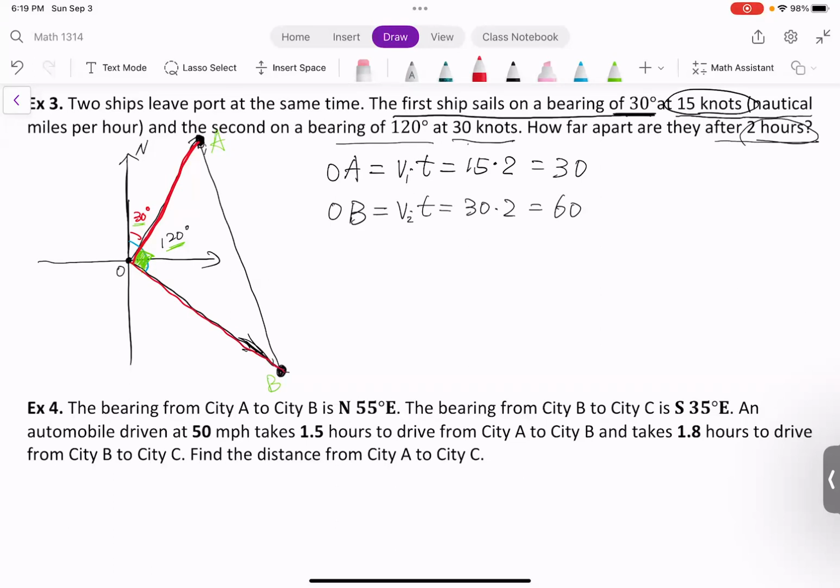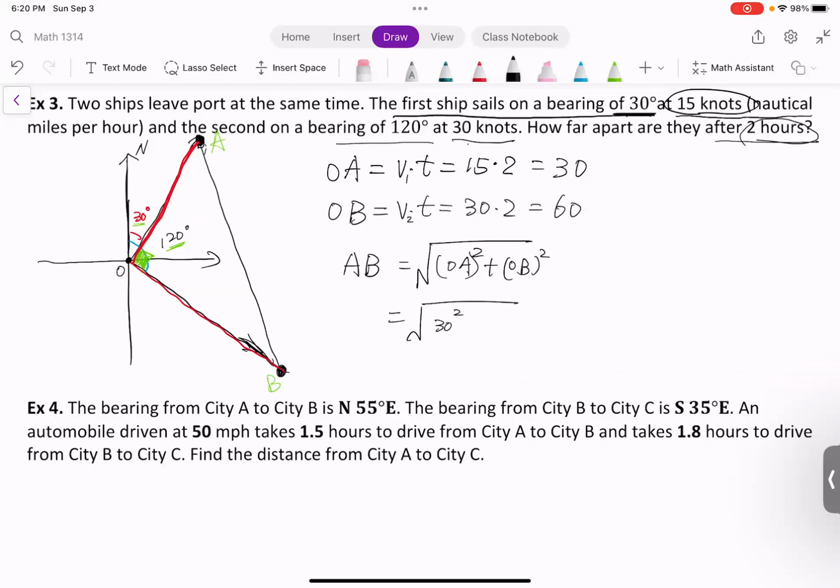Yes, the Pythagorean theorem can help us find the hypotenuse. So the length of AB equals square root of OA squared plus OB squared. What is OA squared plus OB squared?